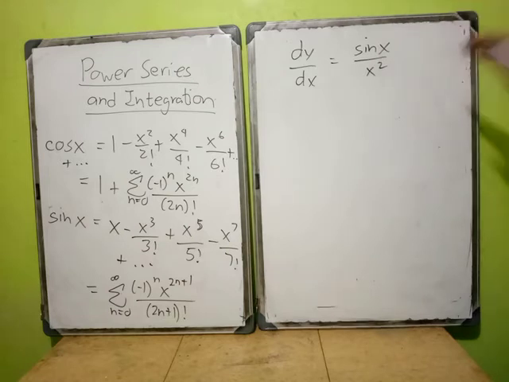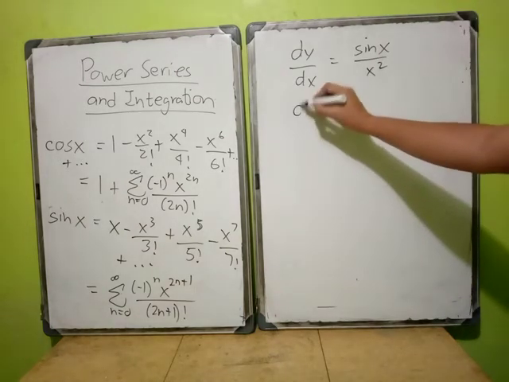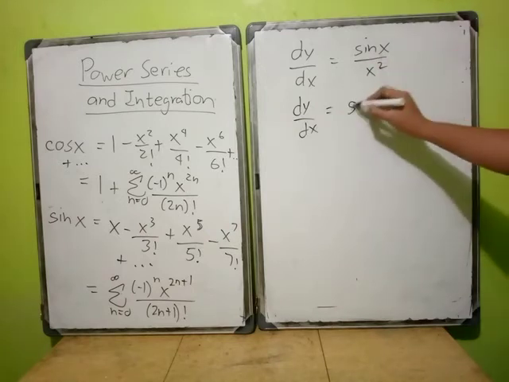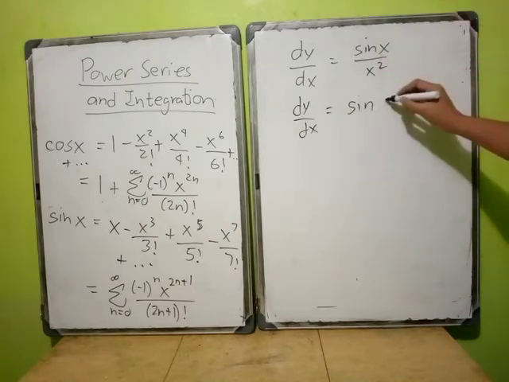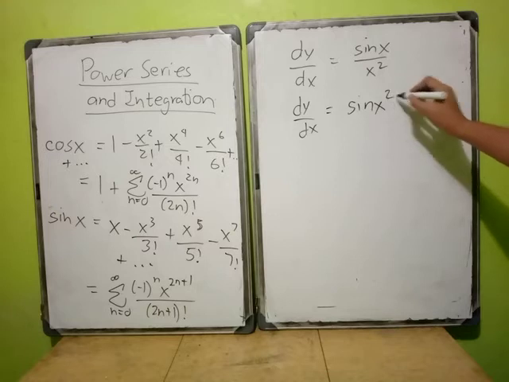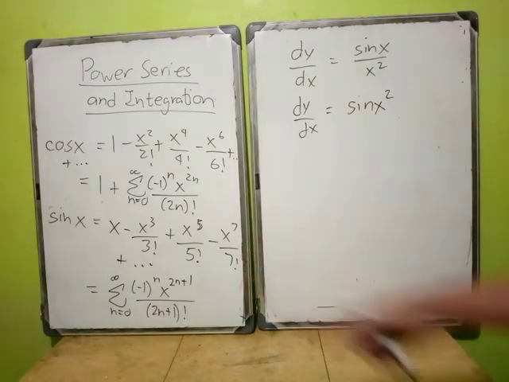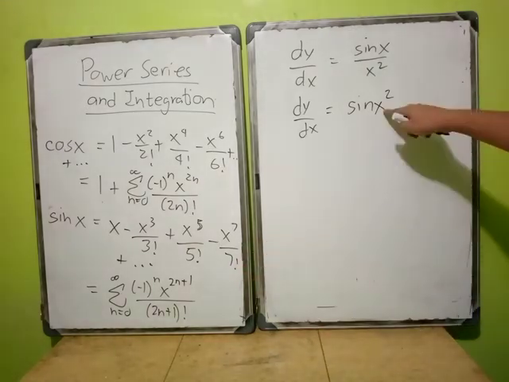Okay, so that could be a problem. Or else dy over dx is equal to sine of x squared. Just as many non-elementary functions, you can solve this one. Just replace x with x squared, since it is sine x squared.